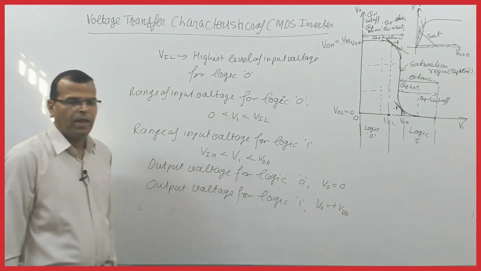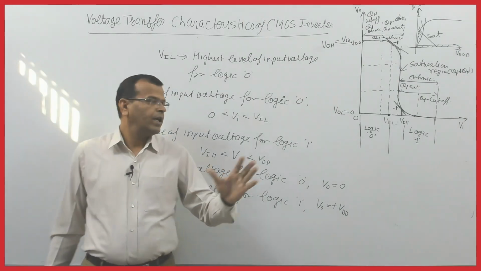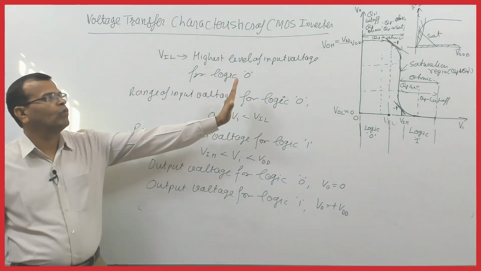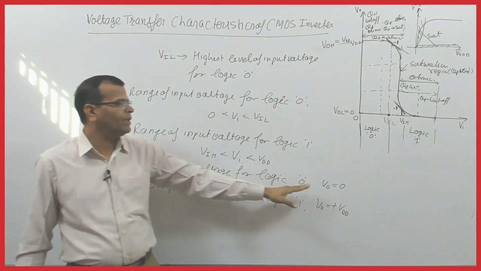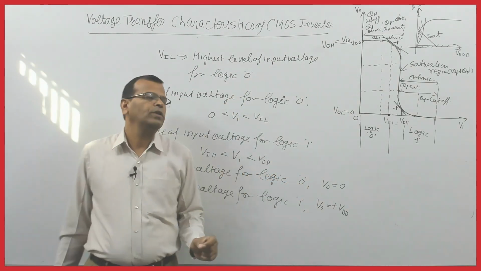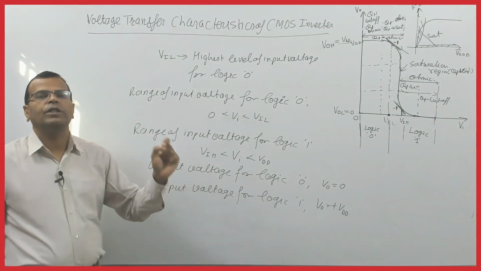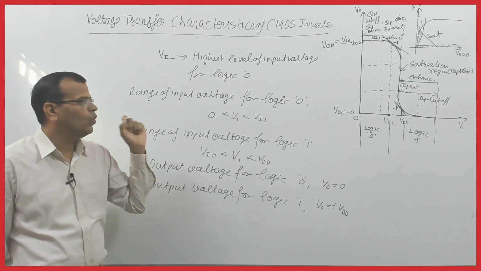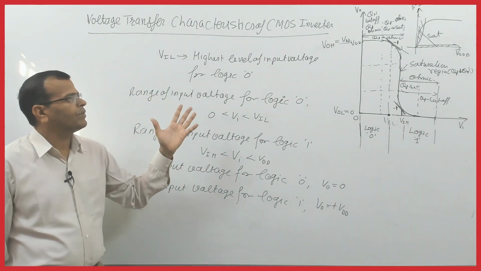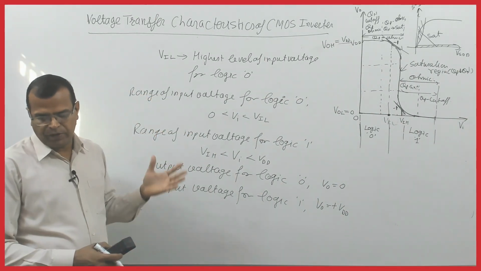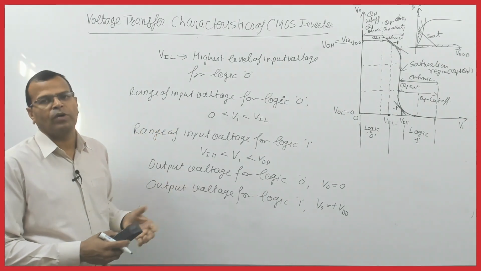That's it. So it means we have got a range of input voltage for logic 0 and logic 1, but we have got fixed voltages at output for logic 0 and logic 1. So this is the voltage transfer characteristic of the CMOS.